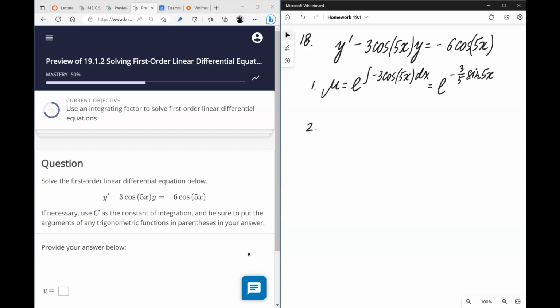Now, step 2, the integrating factor times y. I'm speeding up the process here, so skipping a few irrelevant lines. So integrating factor times y will be equal to the integral of the right hand side multiplied by the integrating factor.